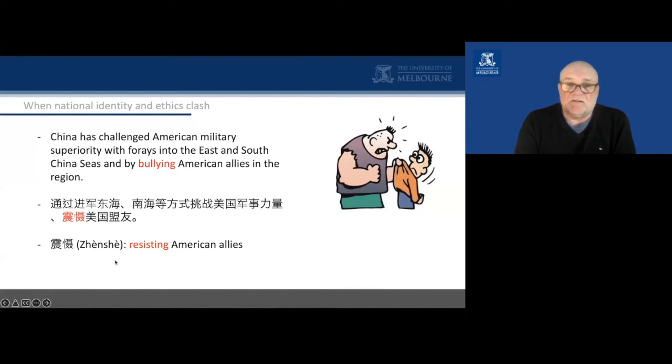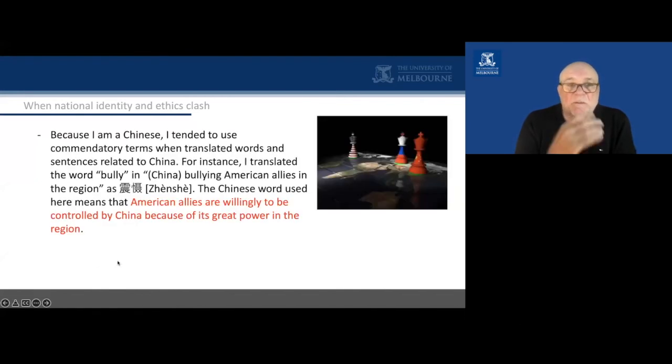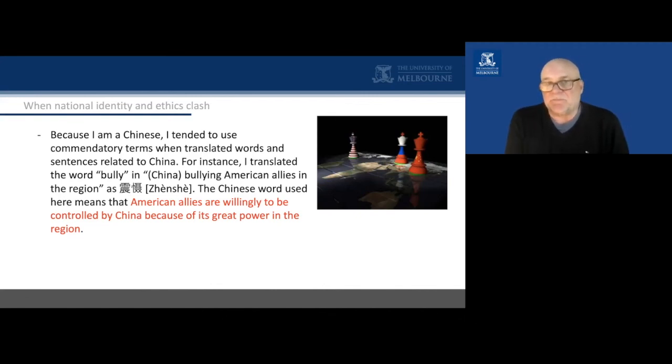And what's interesting is that the student then wrote about that problem and said, because I'm Chinese, I tended to use commendatory terms when translated words relate to China, okay? So because I'm Chinese, I will not translate things that are critical of China. That's very respectable as well. And then I'll translate what the text should have said, which is that American allies are willing to be controlled because of its great power in the region.